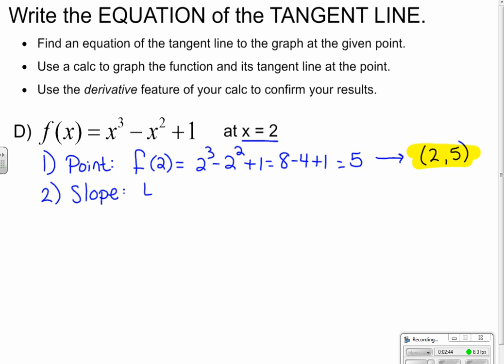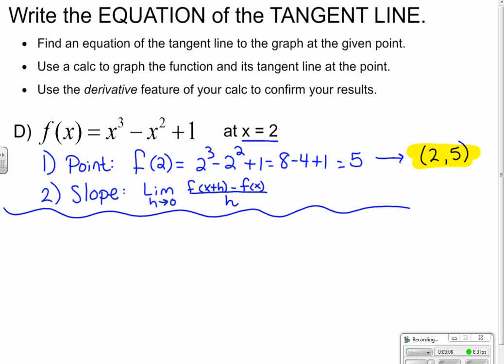For the slope, we're going to use that limit definition: the limit as h goes to 0 of f of x plus h minus f of x, divided by h. This will give us the derivative of the function, also the slope.